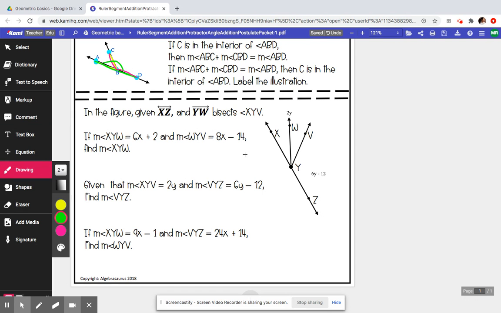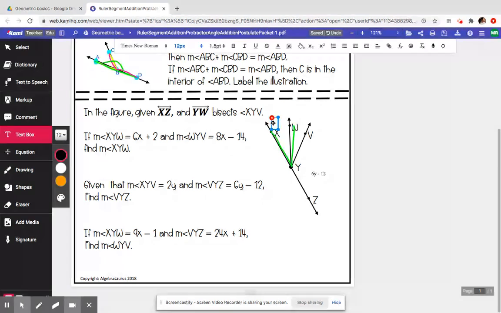In the figure, given the line segment XZ and that ray YW bisects the angle XYV, can we answer these questions? So let's see if we can. The measure of angle XYW is going to equal 6x plus 2.